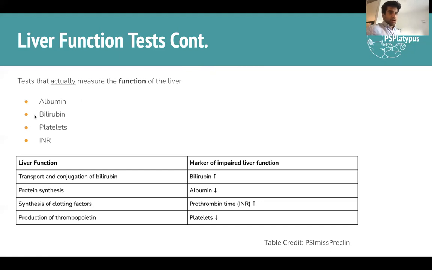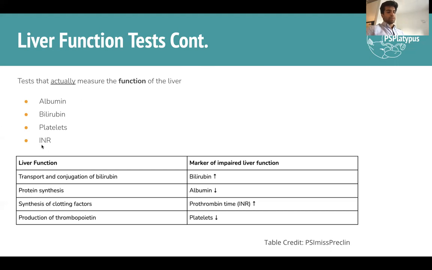Make sense? Bilirubin, on the other hand: the function the liver plays is mainly the transport and conjugation of bilirubin, because it's being created somewhere else. If it's not being transported and conjugated, it's going to leak out in the blood. So with decreased liver function, there'll be an increase in bilirubin.